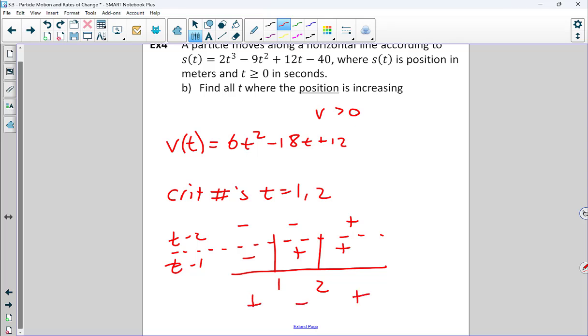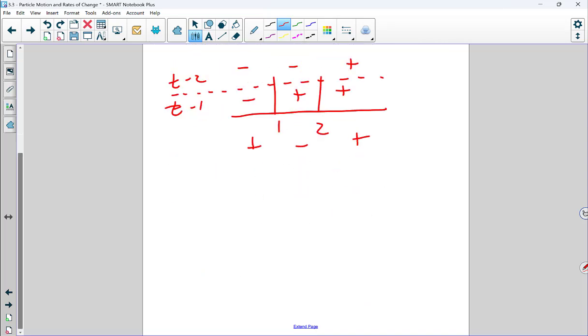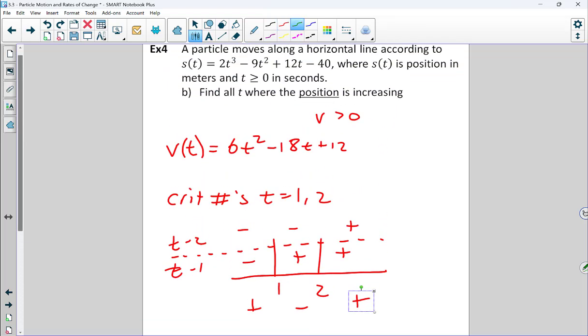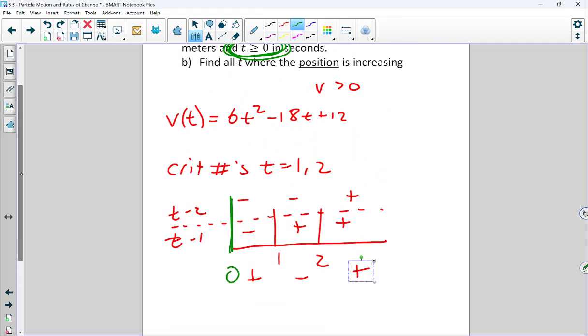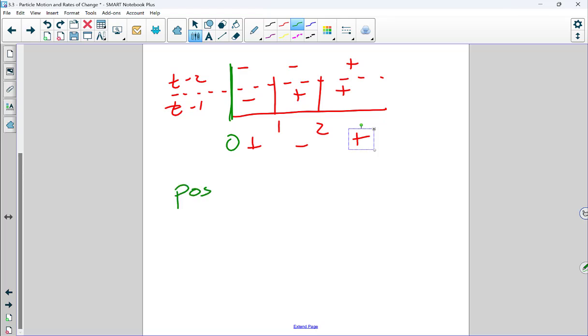I want to know for all t where position is increasing. That would be to the left of 1 and to the right of 2, but we need to be careful about to the left of 1, because of this statement right here: t is greater than or equal to 0. I have a hard break at 0, so the answer is position is increasing on 0 to 1.